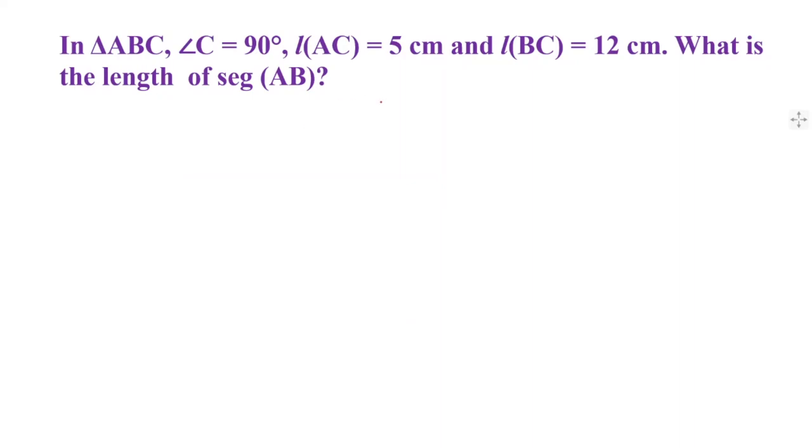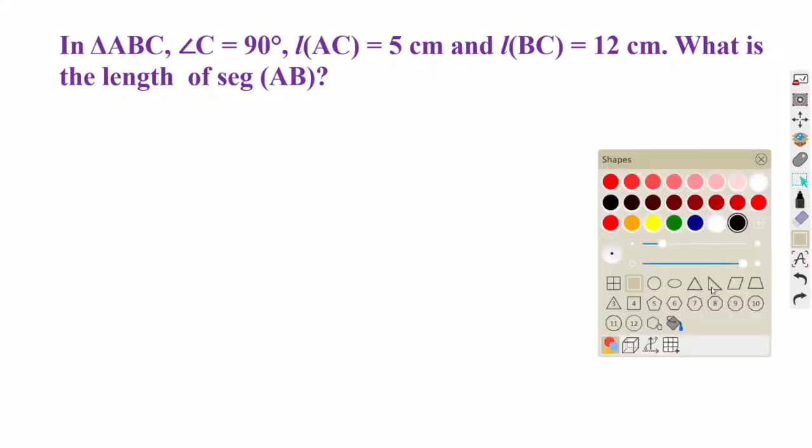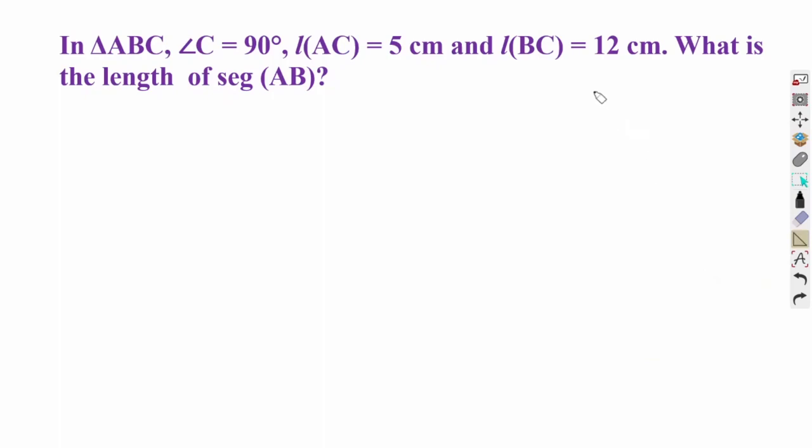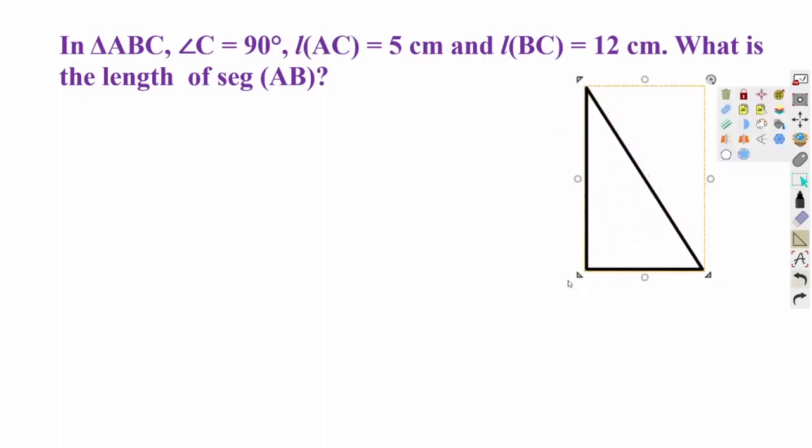If there is a triangle, for example triangle ABC, let me draw a right angled triangle here for you. See, this is a right angled triangle.